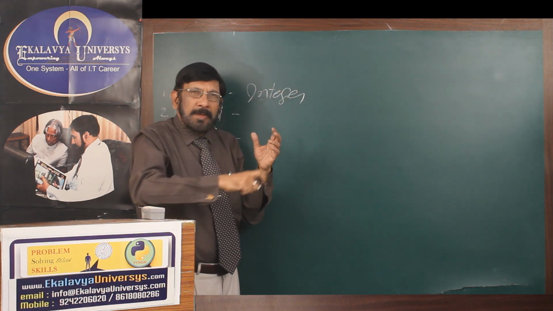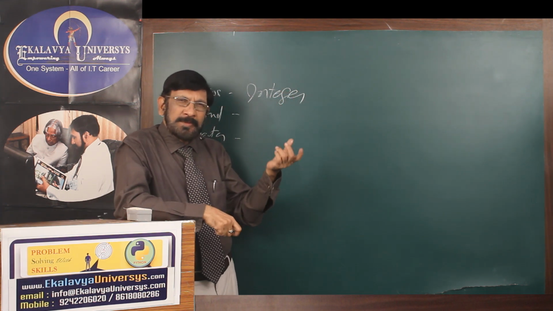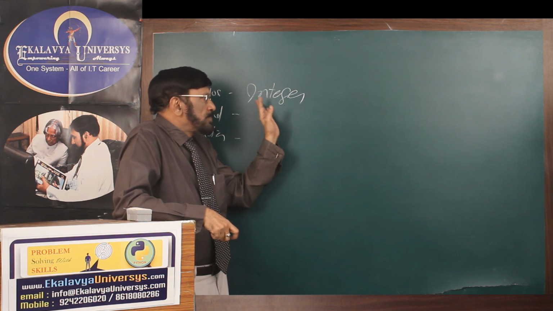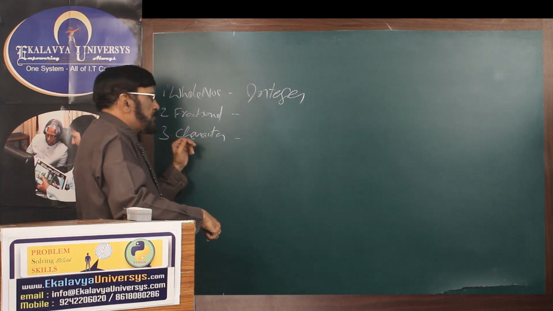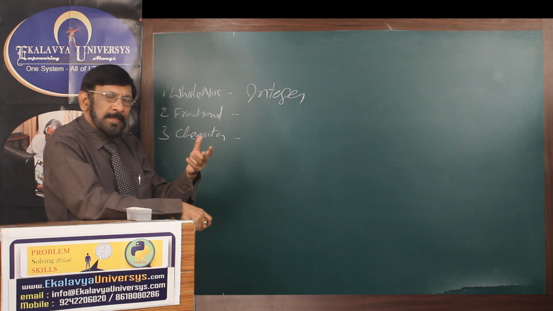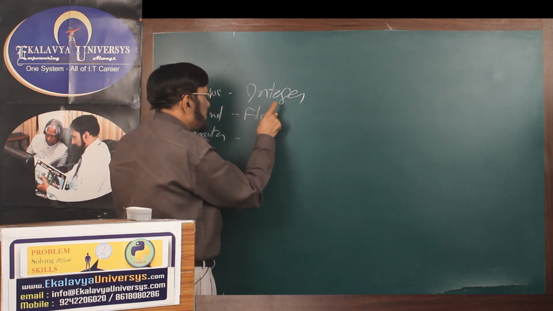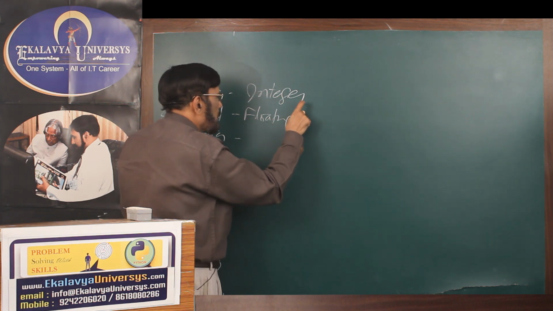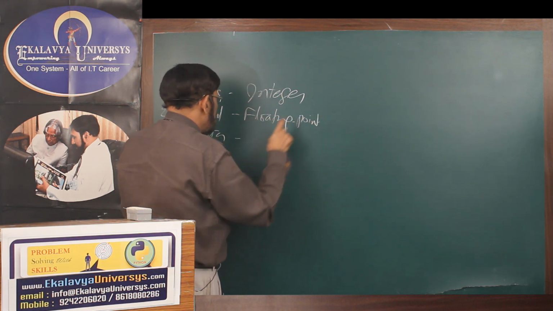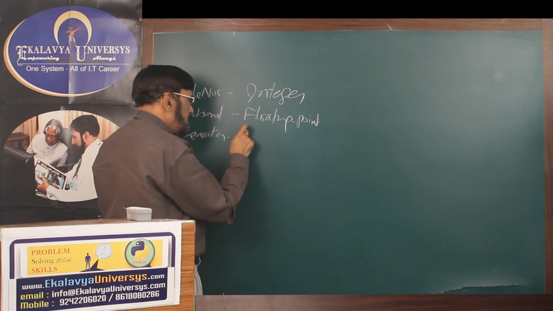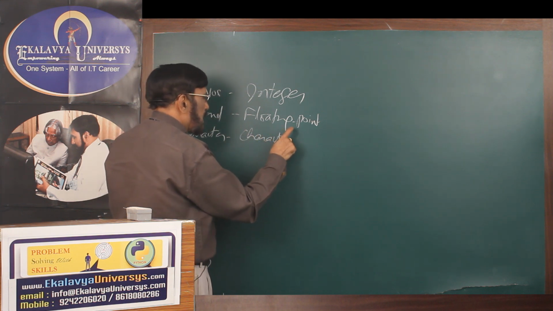Whole numbers means not only positive whole numbers but also negative whole numbers, including 0; that is called an integer. Fractional numbers, in mathematics, are called real numbers. Here they are called floating point numbers, or floating point values. A character is simply called a character, a single character.